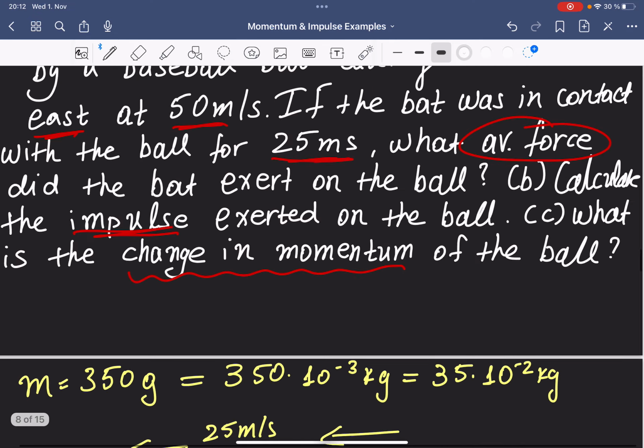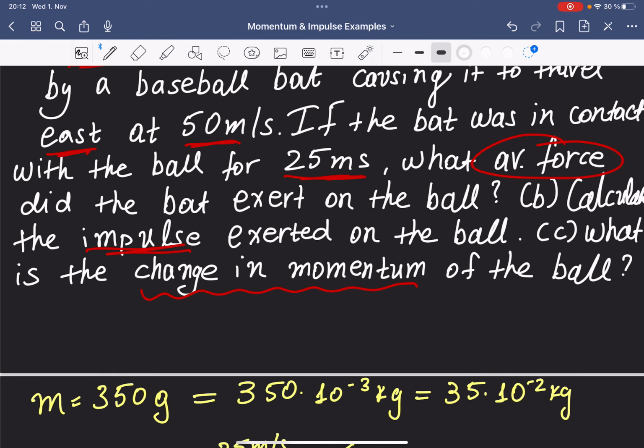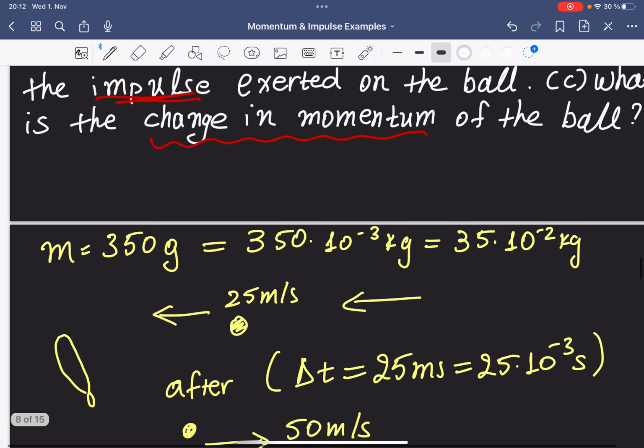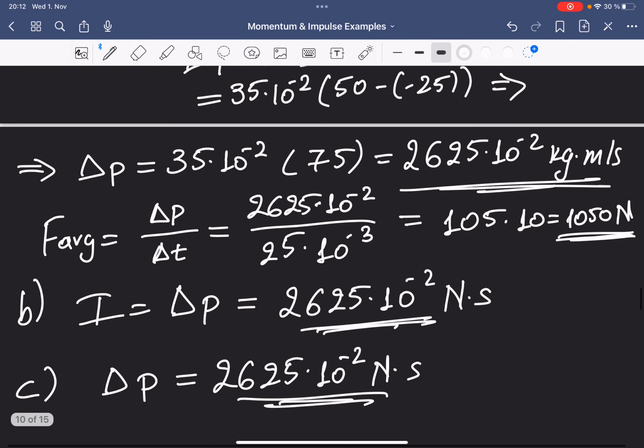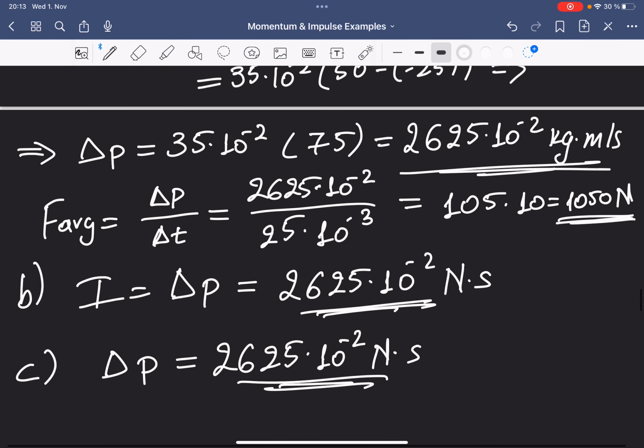So question A was asking for the average force applied on the ball. Question B, the impulse, which is the change in momentum, and question C, the change in momentum of the ball. So you can see that whenever we get a question about the impulse or the change in momentum, it's basically the same thing.